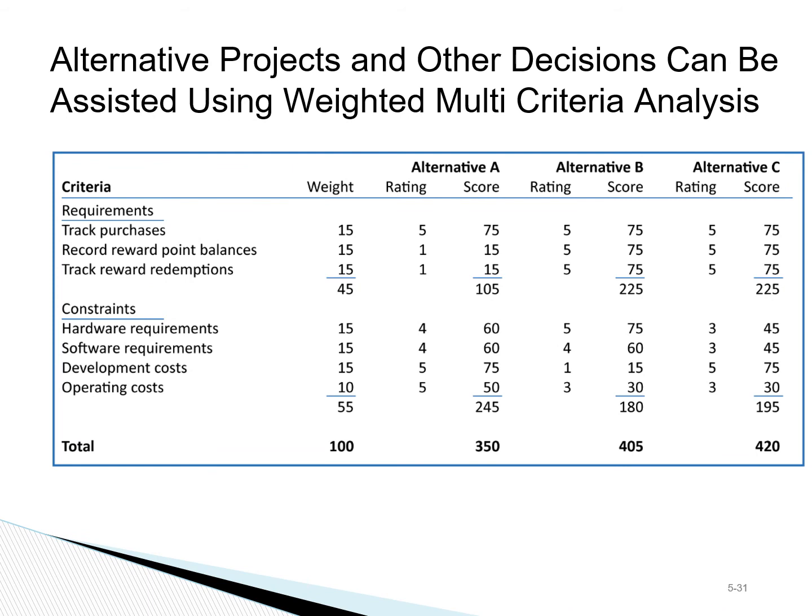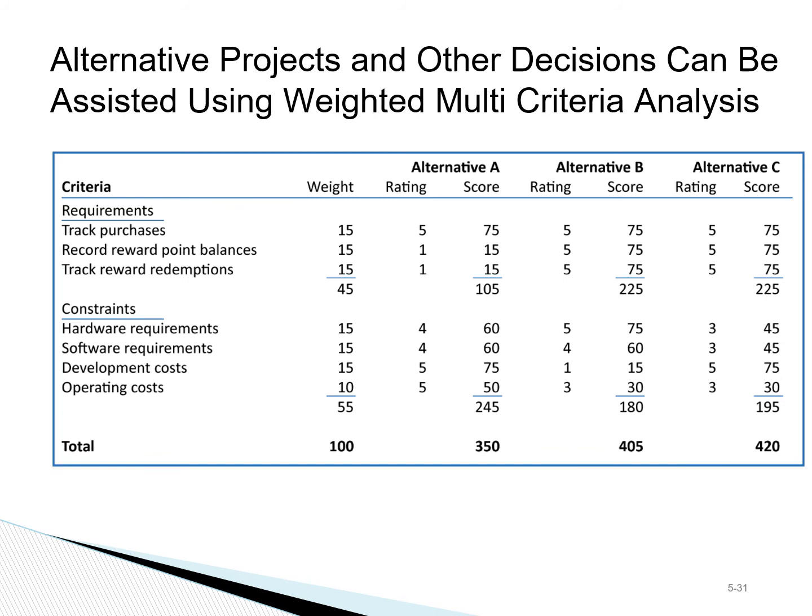So pooling all of the information that we have together, financial as well as non-financial aspects of the project, we can assign a weighting factor for each of these factors. This basically indicates the importance of each of those factors from the organization's perspective.